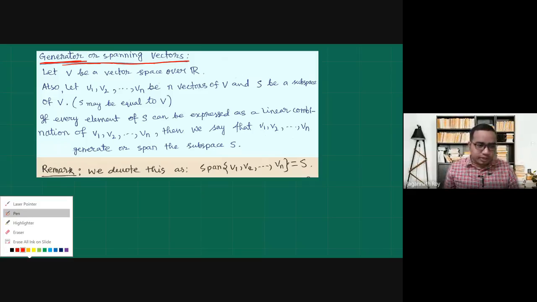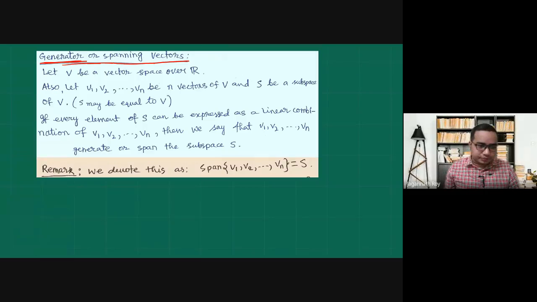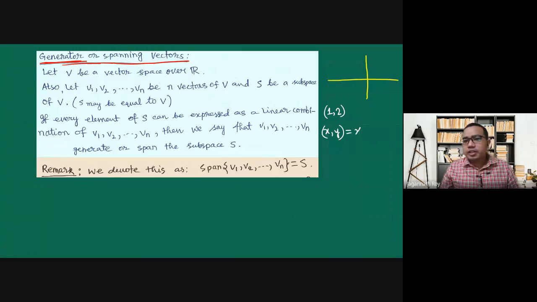If you remember the real space R2, the two-dimensional space, we have seen that any vector (x, y) can be written as x into (1, 0) plus y into (0, 1).